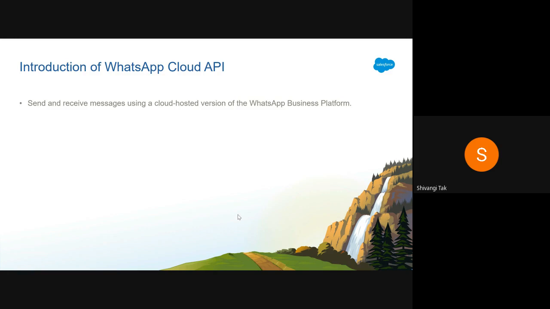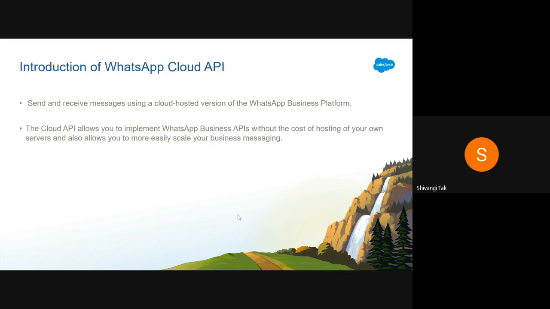You can also integrate the API with backend systems and CRM marketing platforms. Every business looking to use the API has two hosting options, and the next one is the Cloud API. It lets you implement WhatsApp Business APIs without the cost of hosting your own server, and also allows you to more easily scale your business messaging.